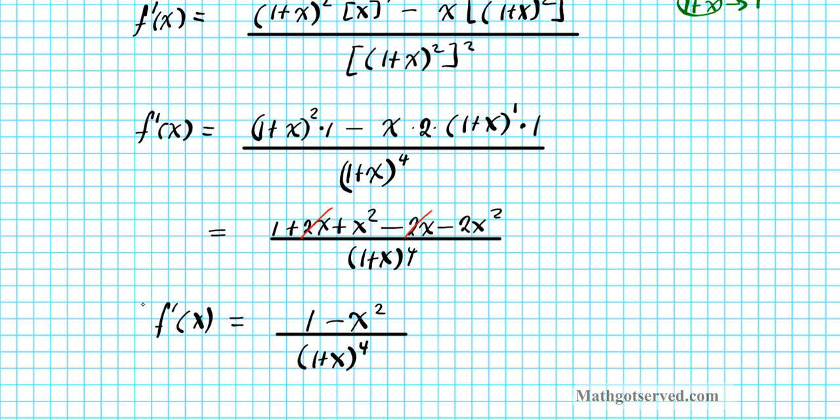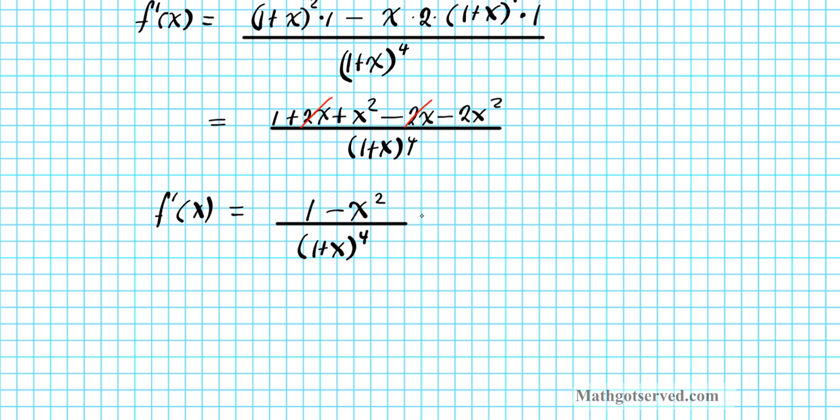Since this is a difference of squares here, we can factor it, right? We can factor it into 1 minus x times 1 plus x. And we'll divide that by 1 plus x to the fourth.